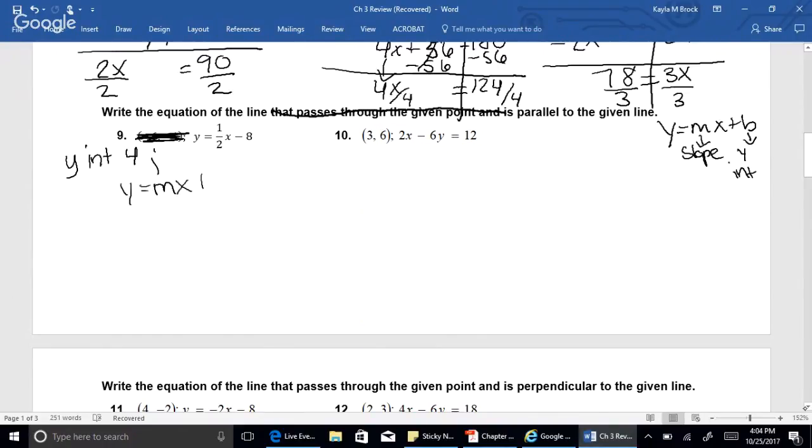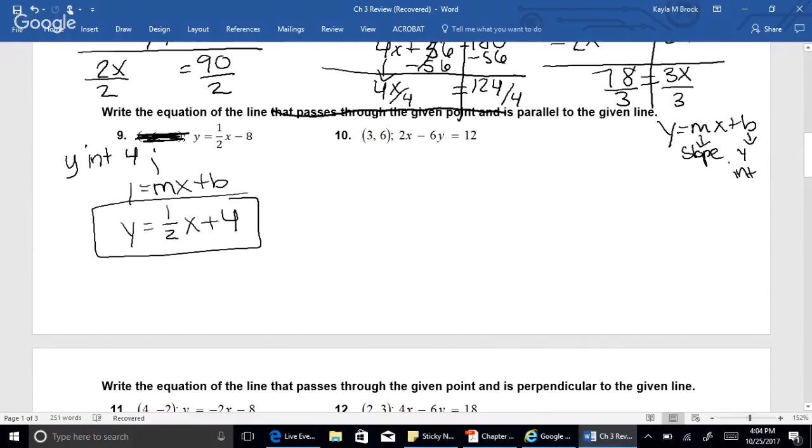It's y equals mx plus b. Well, what is the slope going to be of the line that is parallel to the line that they gave me? The slope will be 1/2 because parallel lines always have the exact same slope. And what will the b be? It's going to be 4 because it said that the y-intercept was 4. So pretty simple. This is your answer, okay?